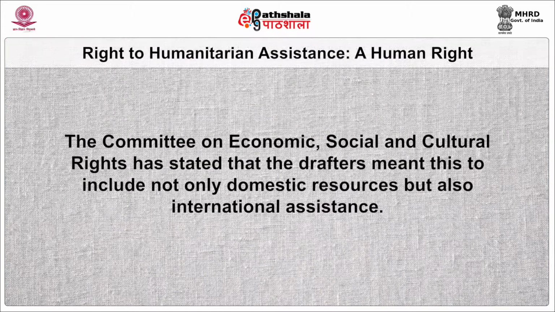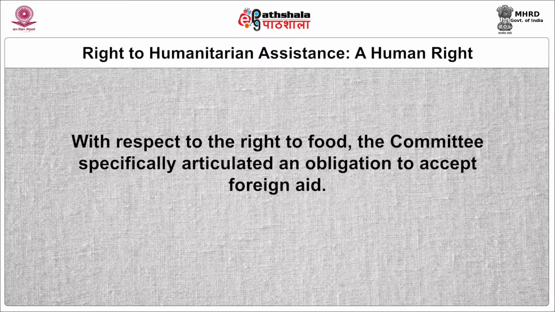Moreover, the Covenant requires that a state take steps to realize these rights to the maximum of its available resources. The Committee on Economic, Social and Cultural Rights has stated that the drafters meant this to include not only domestic resources but also international assistance with respect to the right to food. The committee specifically articulated an obligation to accept foreign aid.